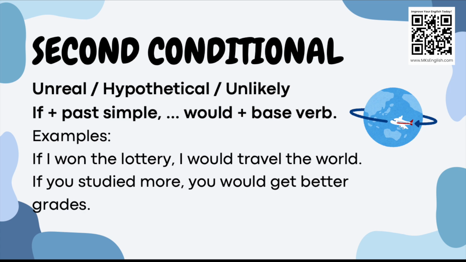For example, if I won the lottery, I would travel the world. Or, if you studied more, you would get better grades. That one's specifically for you, Hiroki. Notice, we use the past simple, but we are not talking about the past. It's just grammar. It shows that the situation is not real or is imaginary.